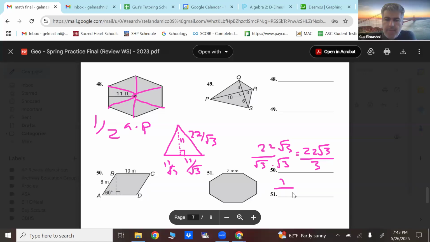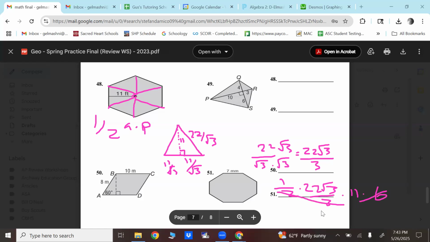So it's 1/2 times 11. And you got 6 of them, so times 6 as well. The 1/2 and 1/3 and the 6, those cancel. So it should be 22 times 11. Should be 242 root 3.